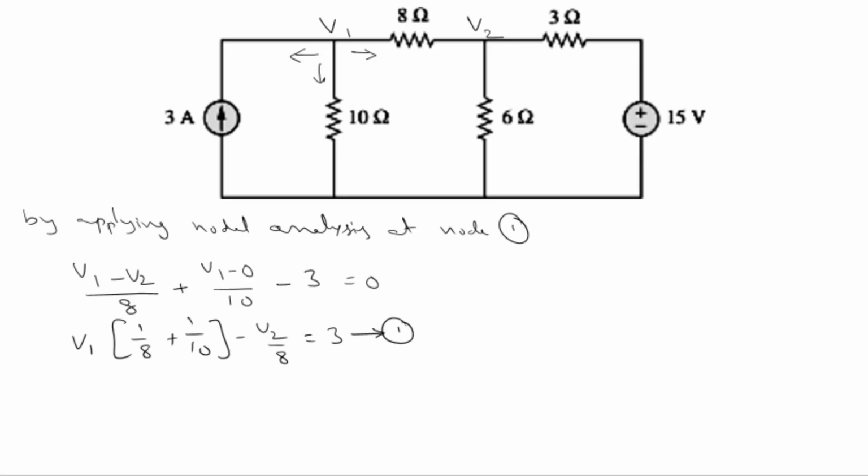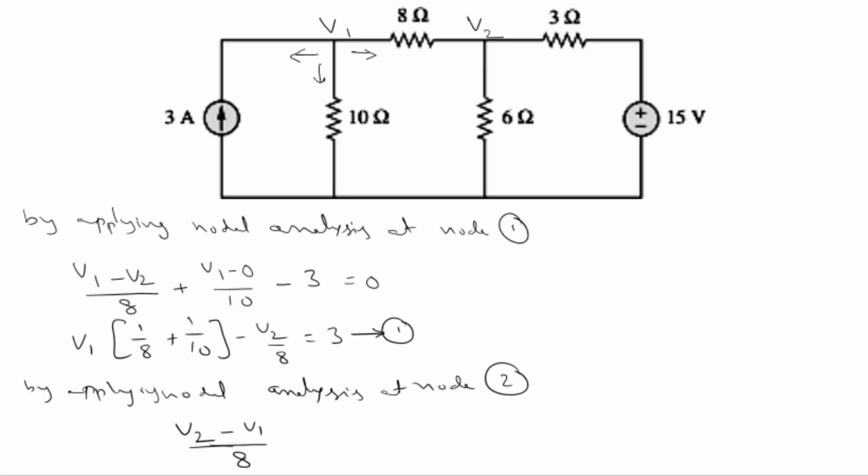Again we will apply nodal analysis at node 2: V2 minus V1 by 8 plus V2 minus 0 by 6 plus V2 minus 15 by 3 is equal to 0.